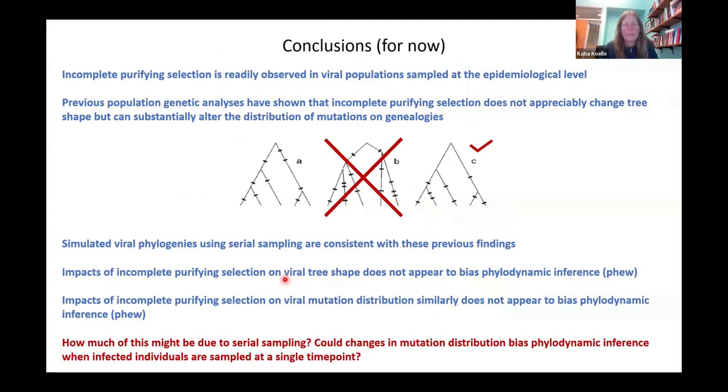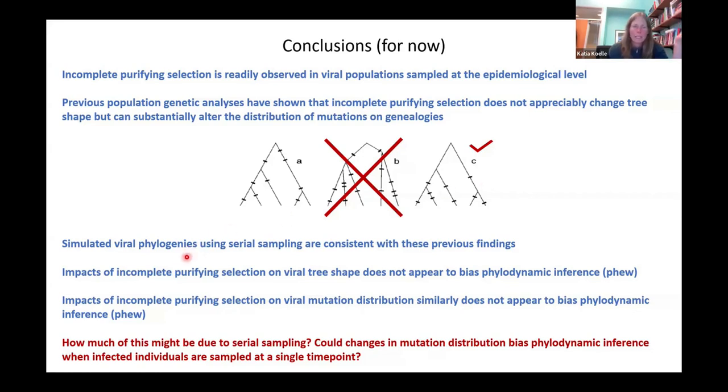Okay, so just to conclude here, previous work has shown that incomplete purifying selection is readily observed in viral populations sampled at the epidemiological level. From the population genetic literature, we know that the primary impact of incomplete purifying selection is not to change the shape or topology of the tree, but instead to change the mutation distribution, right?